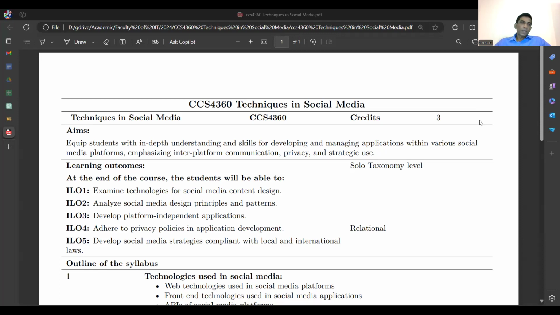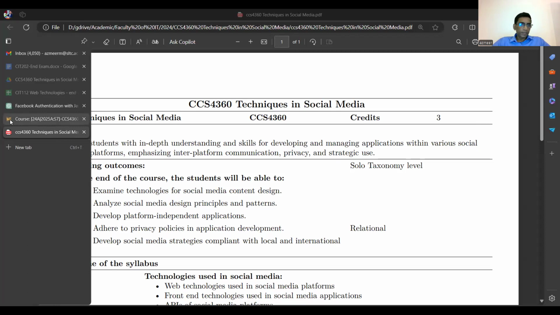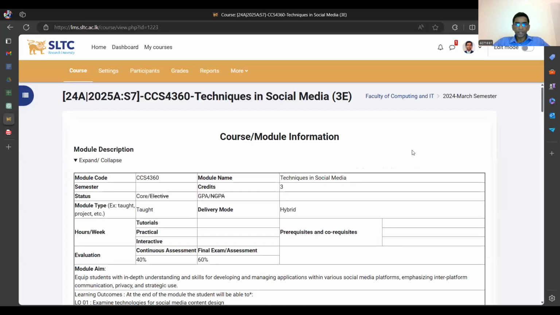Okay. So the topic is techniques in social media, right? There are a couple of pieces of information here. By the way, I've updated the LMS. So as you can see, the details are here.